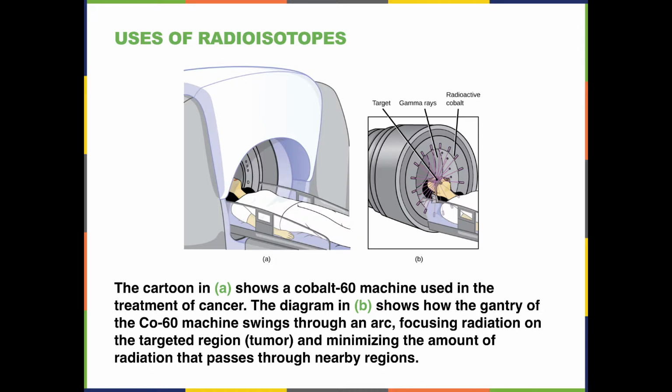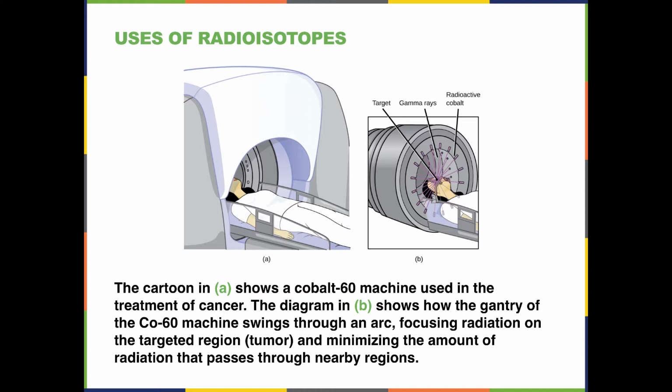You can see that the cobalt is actually a series of sources that surround the patient's head and are all directed in such a way as to focus the radiation at one point. And cobalt is used in this situation because it produces gamma rays. Gamma rays will penetrate very easily and are very high energy and can cause damage in certain areas.